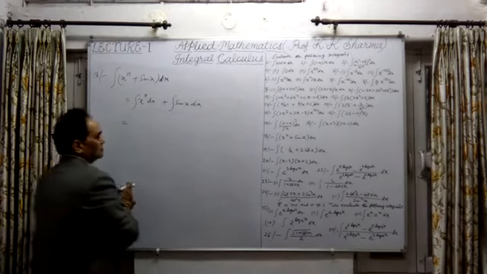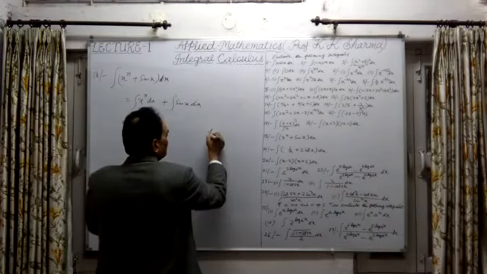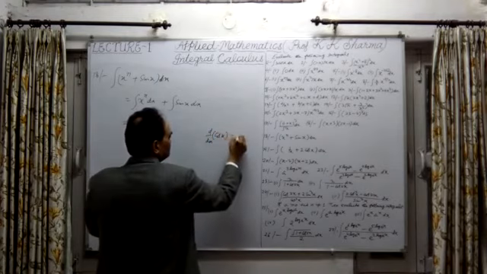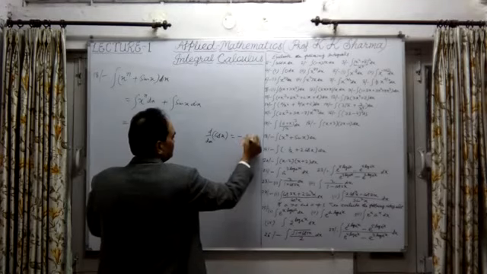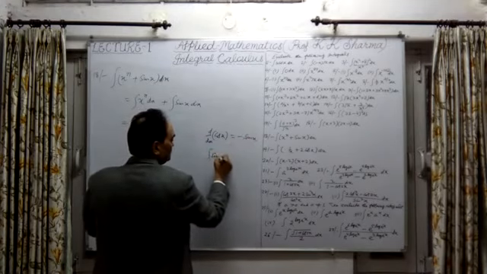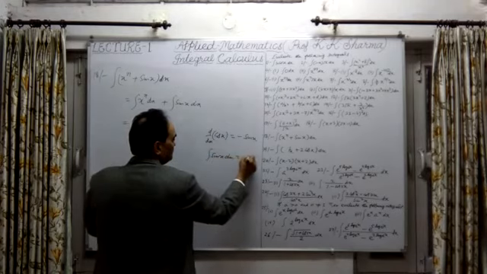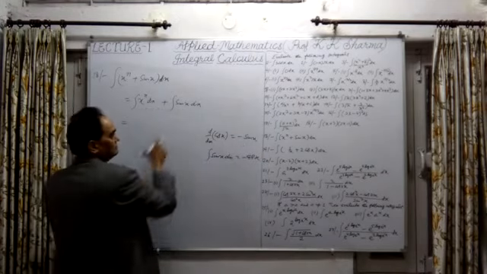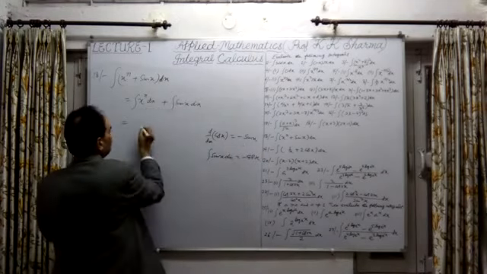Let me write here, we got d/dx of cos x is minus sin x. Therefore the integration of sin x is minus cos x here. The minus sign will come to this side, and with the minus sign here, it will be positive. It will be minus cos x.